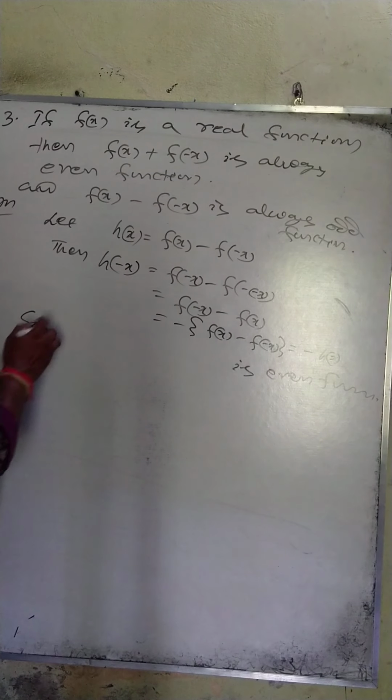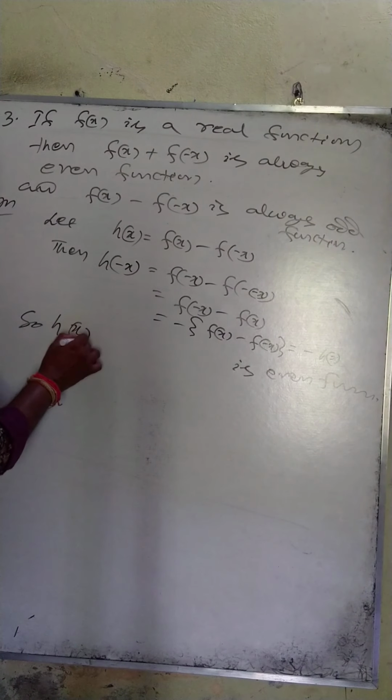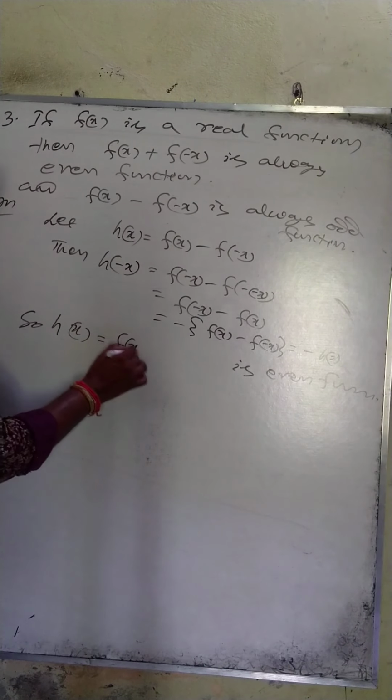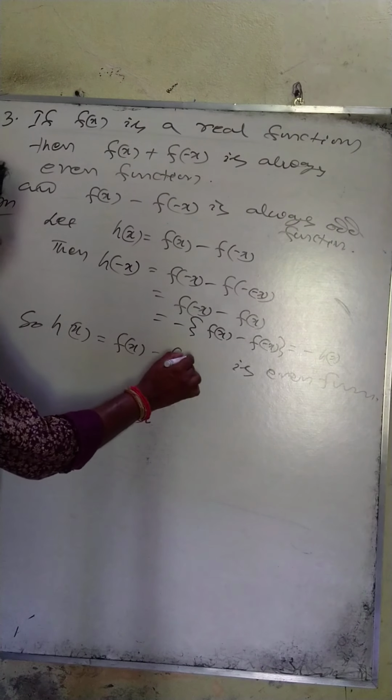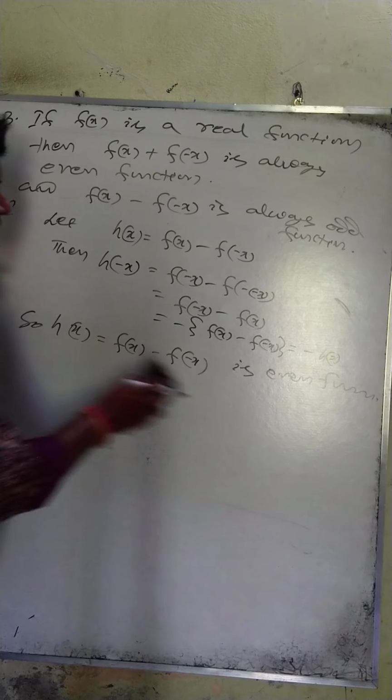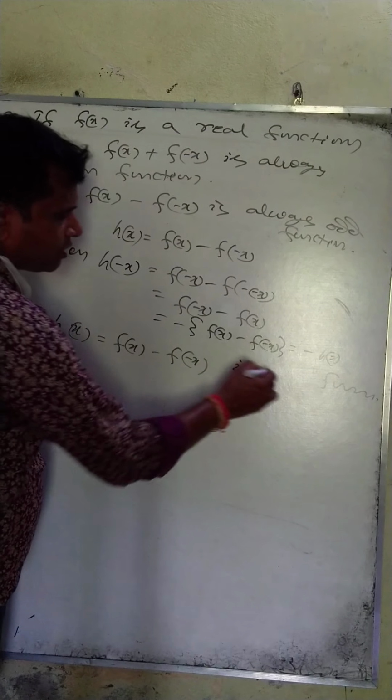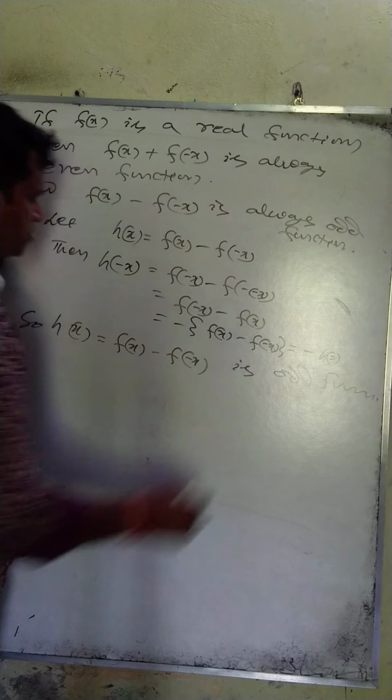So h of x is equal to f of x minus f of minus x is an odd function.